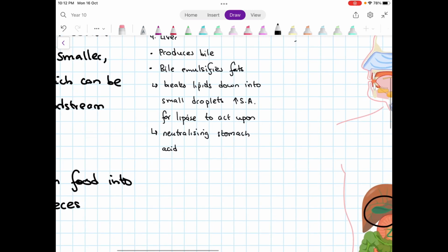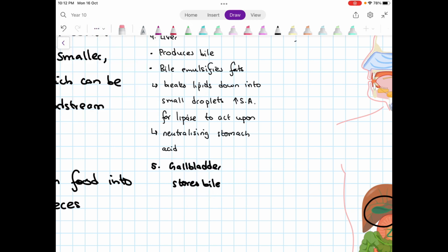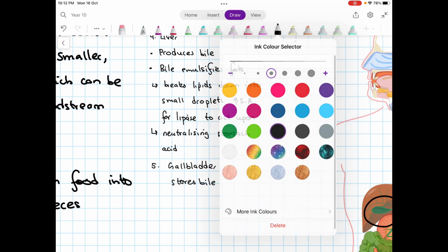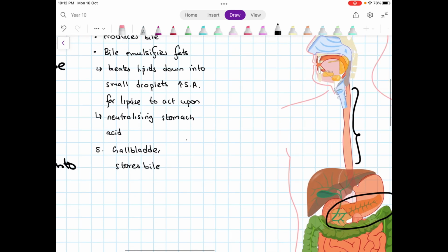Apart from the liver, we also have a structure known as the gallbladder, which is involved in storing bile. And right over here, we have a leaf-like organ known as the pancreas, which produces digestive juices and digestive enzymes.